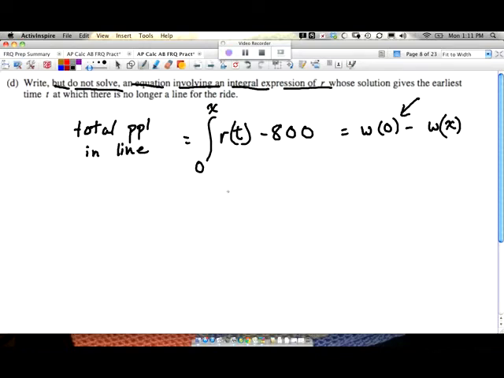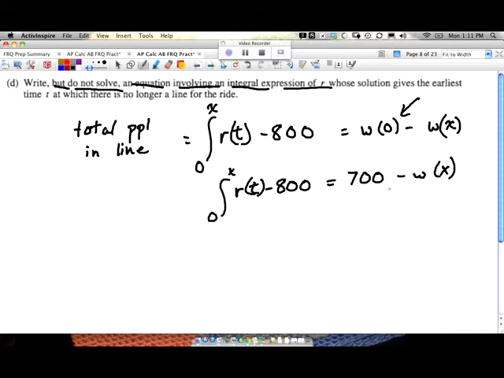And we know what W of 0 is. That's 700. So we have the integral expression from 0 to x of r of t minus 800, which is equal to 700 minus W of x. And we could solve that. That's the really cool thing. And that's pretty much it.